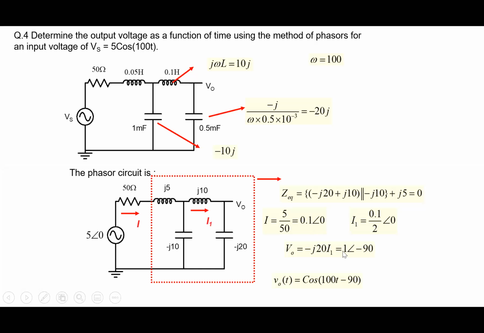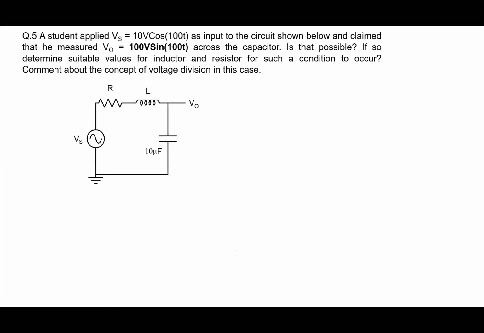All right. And then once you get an output voltage here, of course, you can convert it back into your time domain as a cosine, so it's cosine 100t, with the proper phase value put in over there, and you get the final value. All right, so that's the procedure that we follow in all of them here.